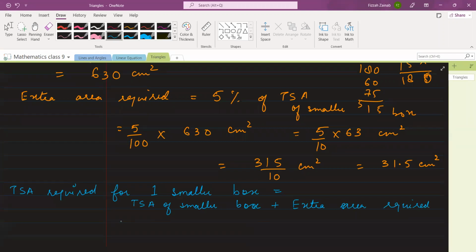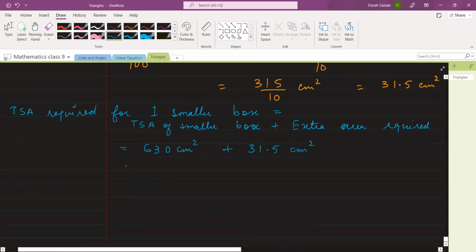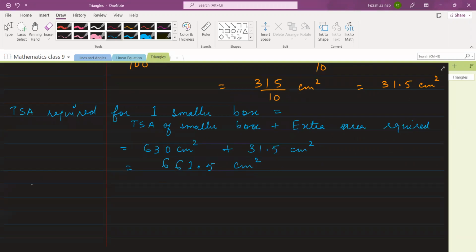Now TSA was 630 centimeters square. Extra area is 31.5 centimeters square. So 0.5 will come here and 1 will come here. 3 and 3 is 6 and this is 661.5 centimeters square. So this is for one smaller box.